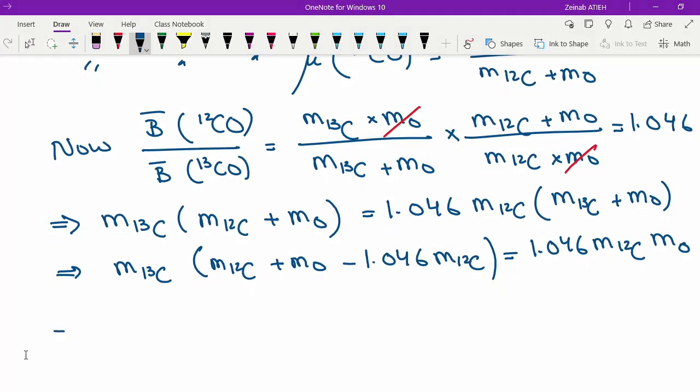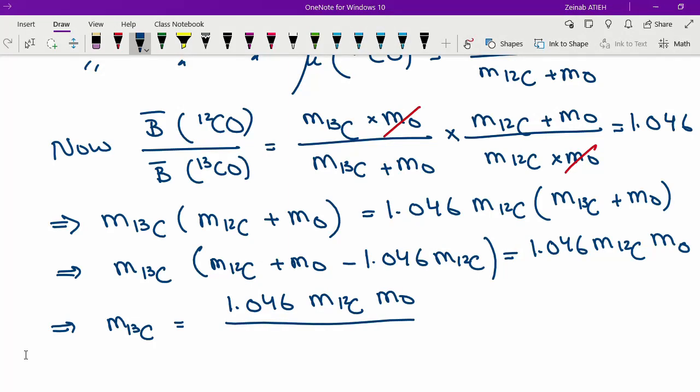So now the mass of C13, I've kept substitution till the end to get precise numbers, is equal to 1.046 mass of C12 times mass of O over the mass of O minus 0.046 mass of C12, like this.